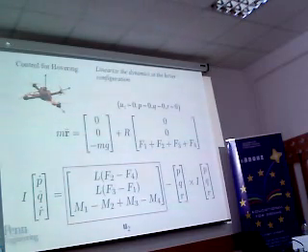In this situation, you can see that the roll and pitch angles are very small, so we can approximate the sine and cosine of phi and theta.